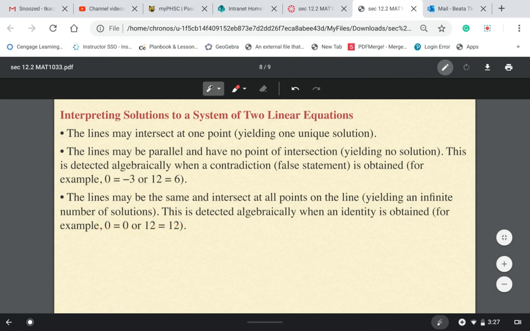Your variables will cancel, and you will have, let's say, 0 equals 0, 12 equals 12. This is definitely a true statement. Since the variables cancel, there's no way to solve for that variable. So we know that the system is dependent, and we have infinitely many solutions.